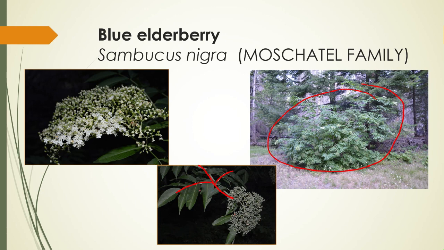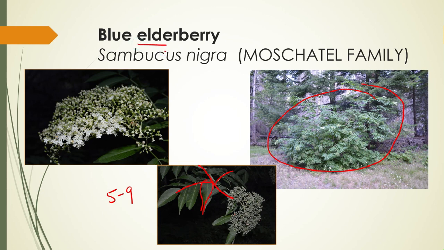So they're opposite each other, but this time they're compound leaves. Each of their leaflets has this lanceolate shape to it, and there's usually 5 to 9 of those leaflets. So pretty easy to recognize. Plus they have hollow stems, which is actually where they get their name, believe it or not.